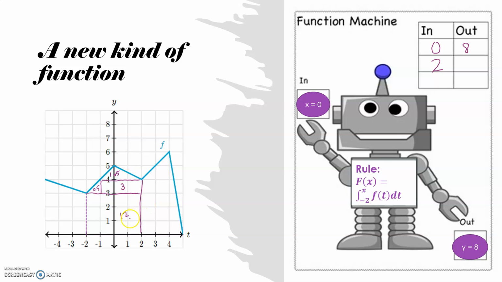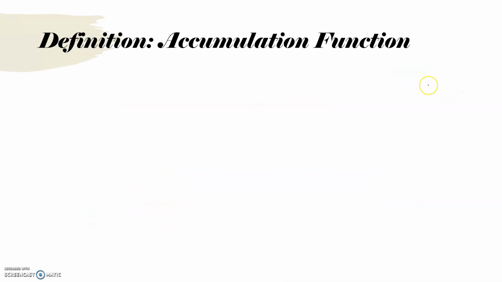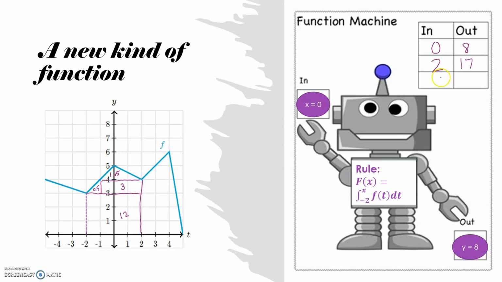So it would be 15, 16, 17. And let's say I would like the area from 0 to 3. Then I just take what I already have, which is 17, and add on this new slice, which would be 4.5. So 21.5 would be the output.